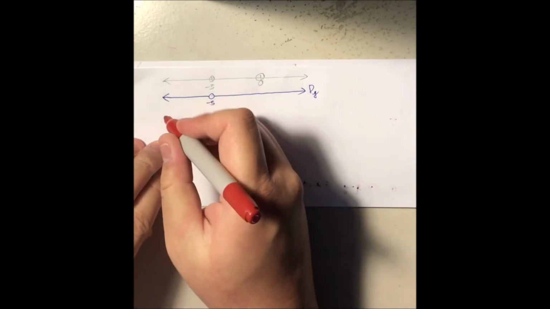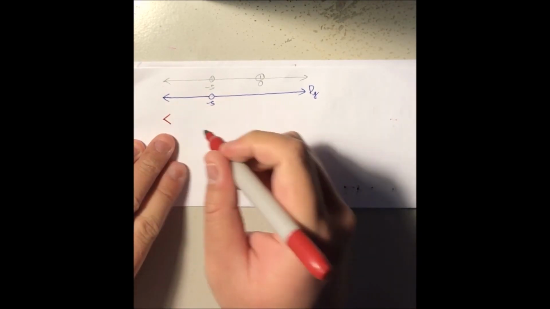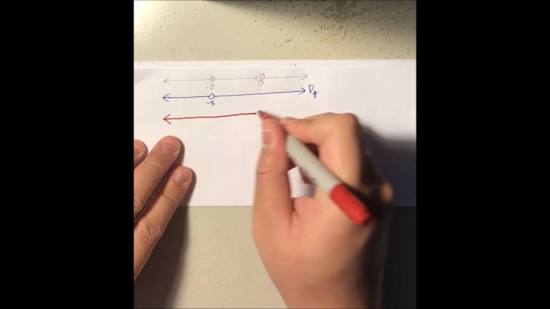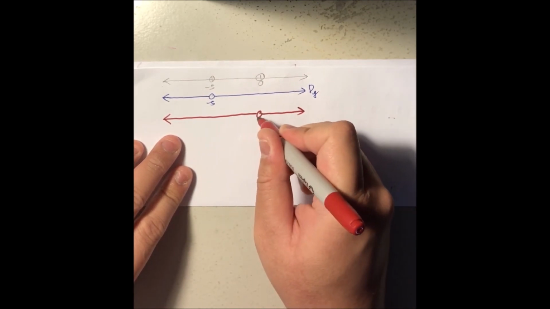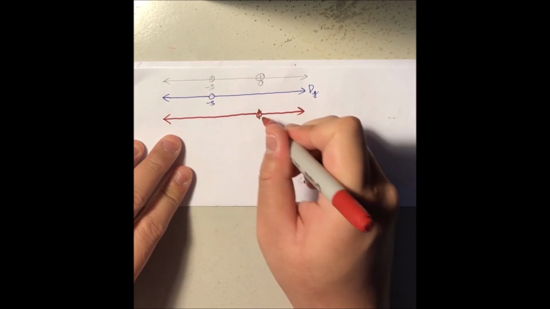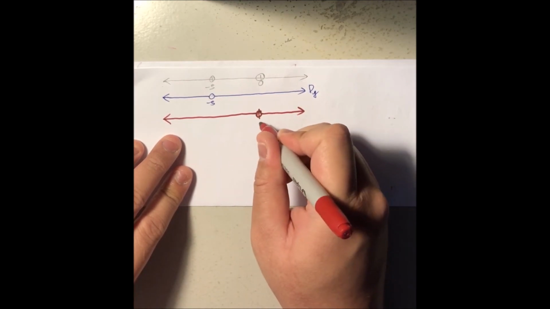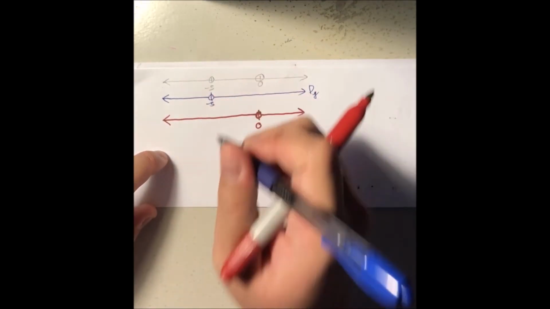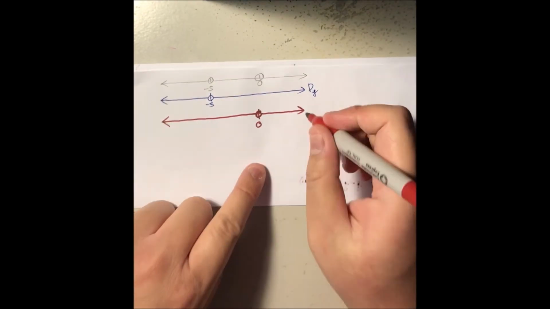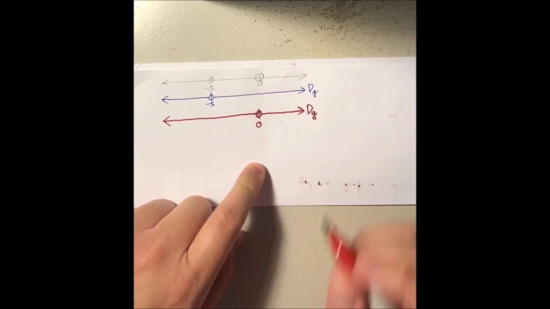And the domain of the function g is all real numbers except that x cannot be equal to 0. One circle right there. This is the domain of g.